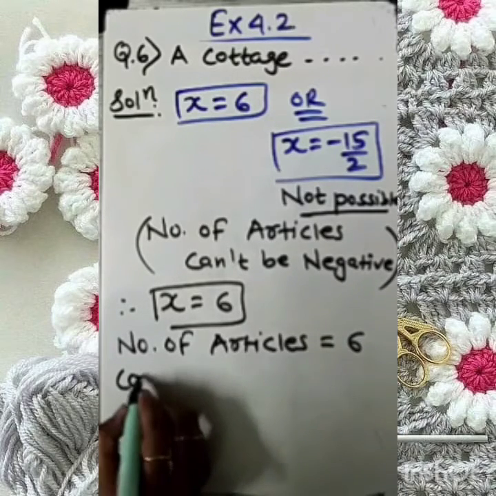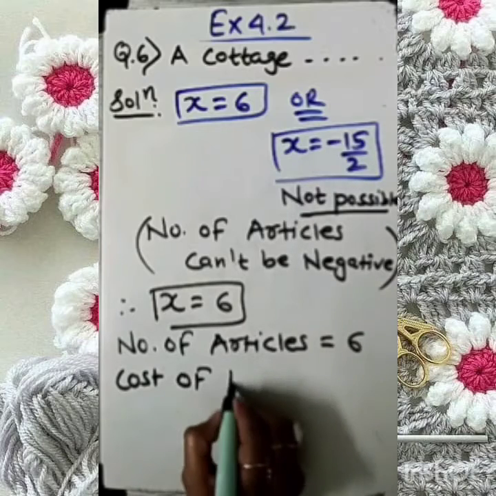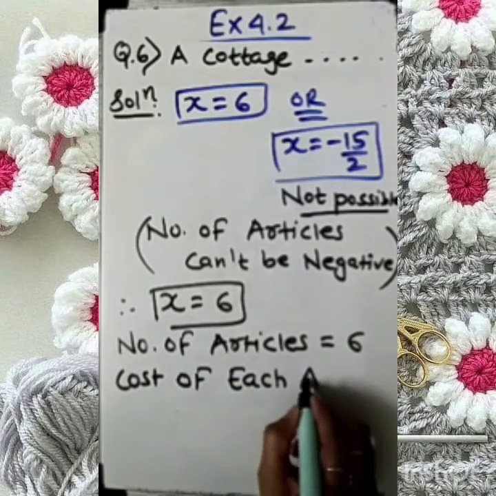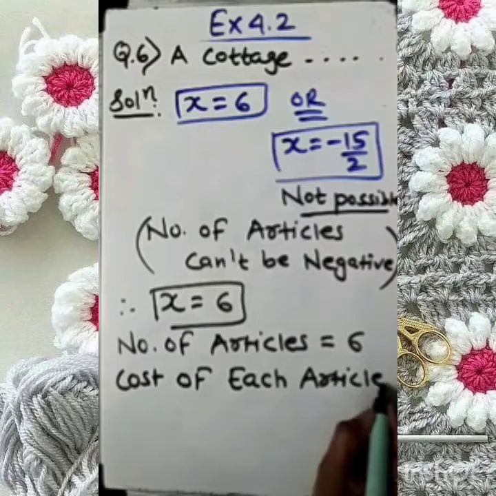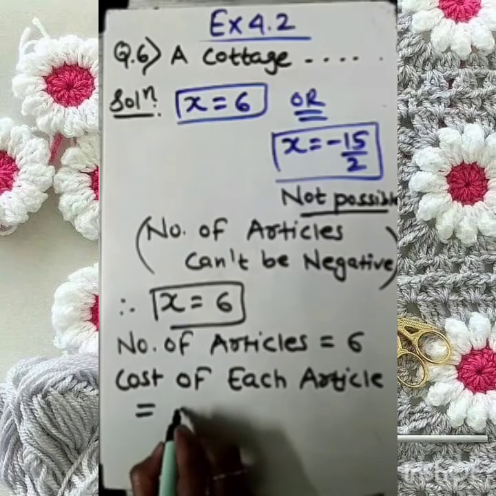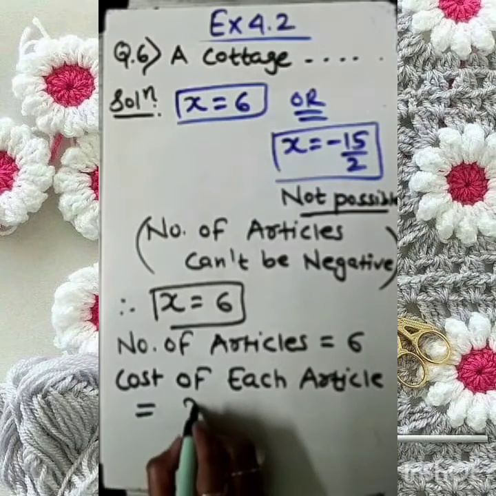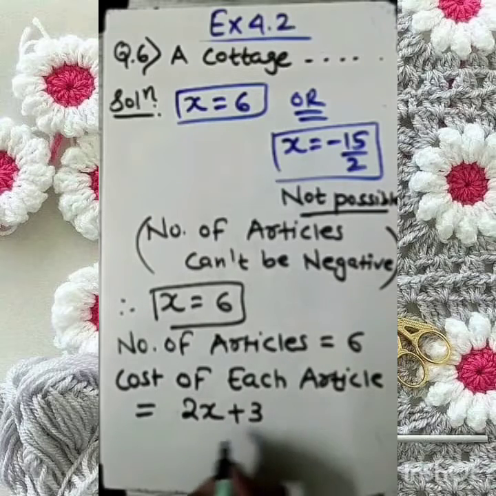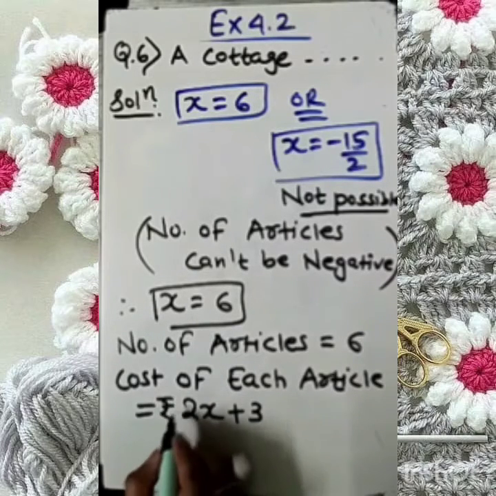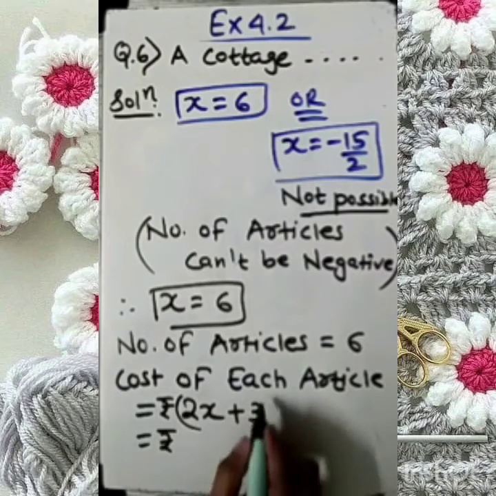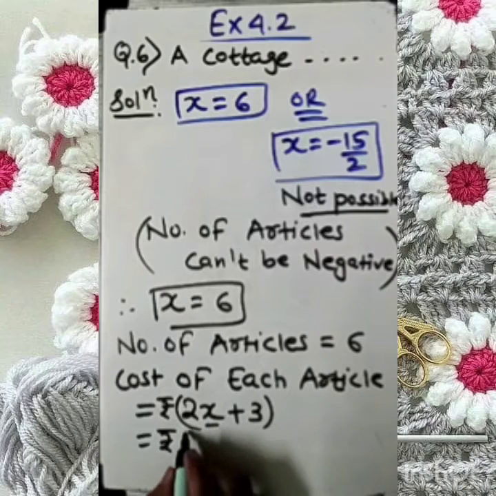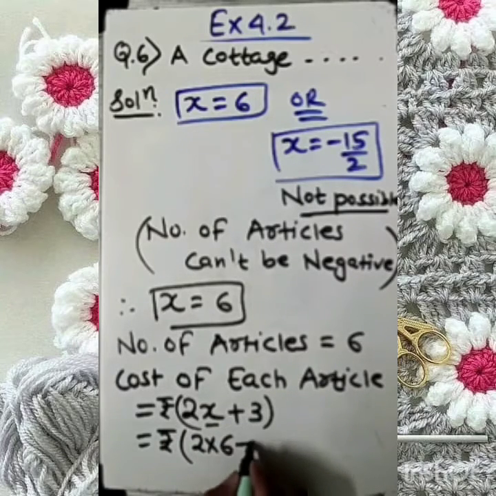Now let's find the cost of each article. We already have that: 2x plus 3 rupees. This is an amount, so it is in rupees. Let me substitute the value of x here: 2 into 6 plus 3.